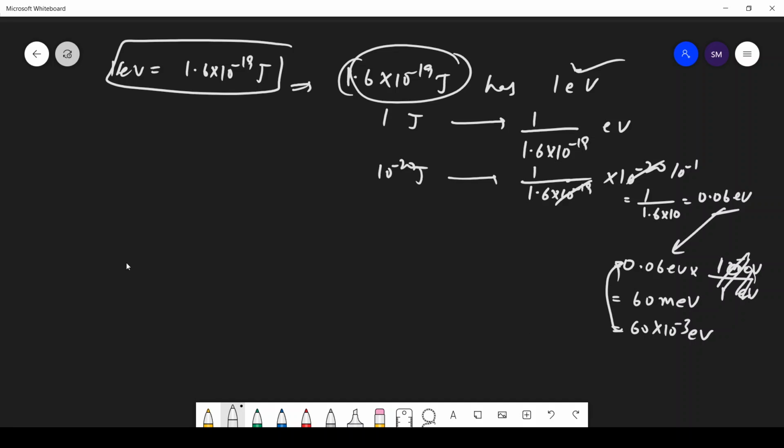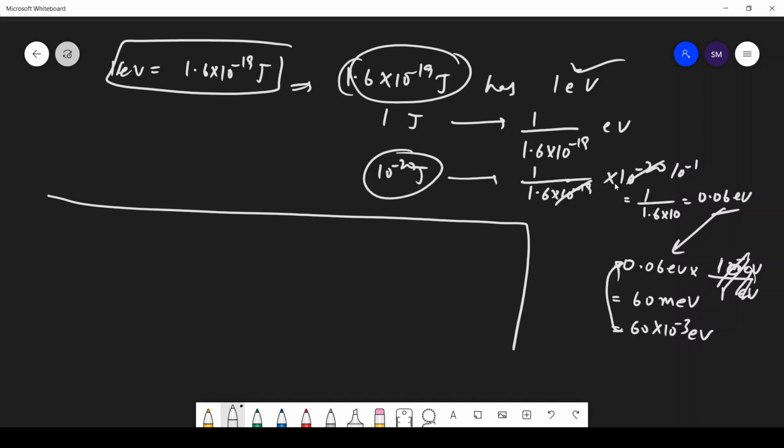Okay, so energy conversions. So similarly you can convert, if it is 10 power minus 21, multiplied with 10 raised power minus 21.